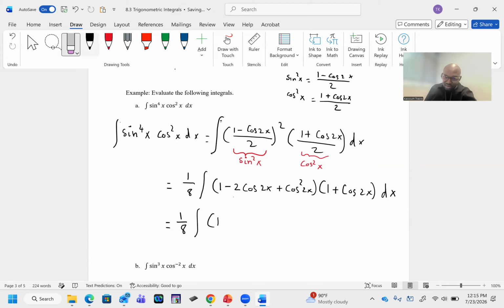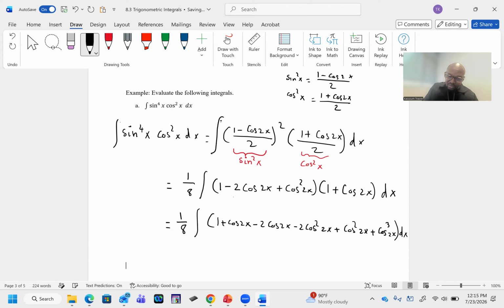I'm going to make it small so you can see. Plus cosine of 2x, right? And then we'll distribute negative 2 cosine of 2x minus 2 cosine squared of 2x plus cosine squared of 2x plus cosine cubed of 2x and then dx. So if I combine like terms, I hope you understand now.